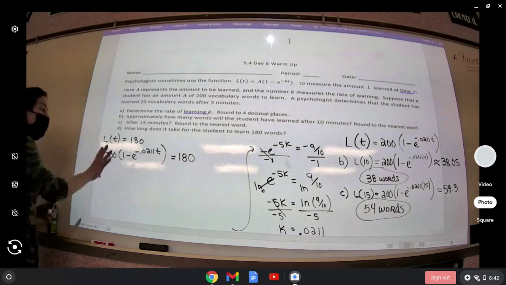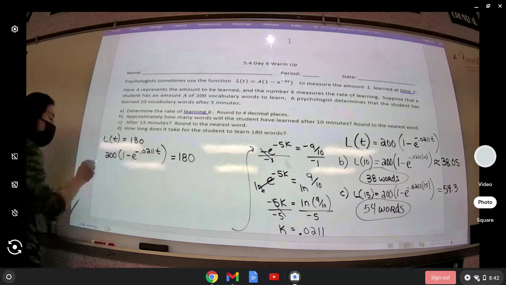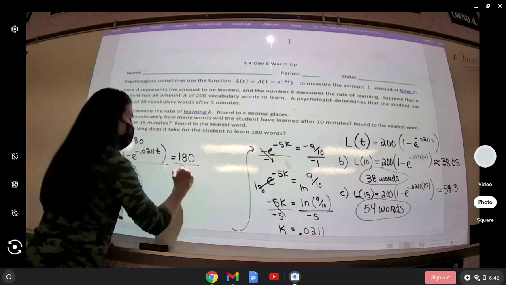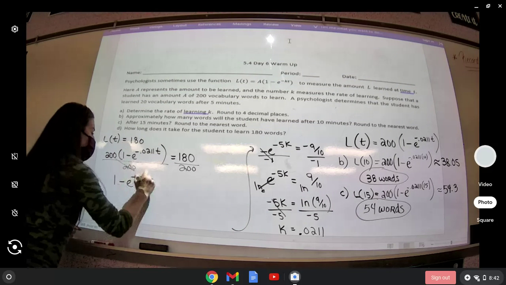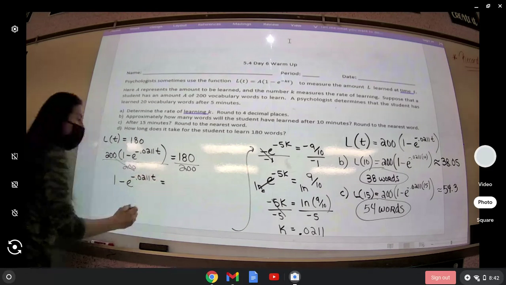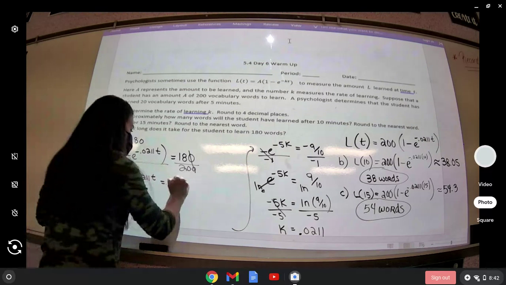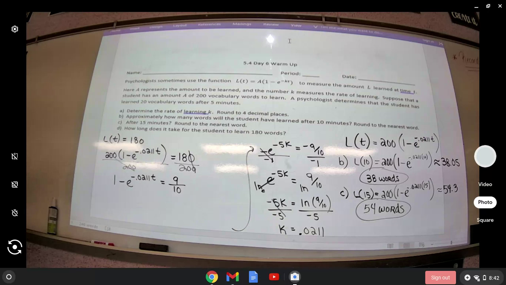All right, so let's work on getting this exponential by itself. So isolate the exponential function. All right, 18 over 20, again, that reduces to 9/10 or 0.9, whatever you want to write, because 0.9 is an easy decimal, doesn't need to be rounded.